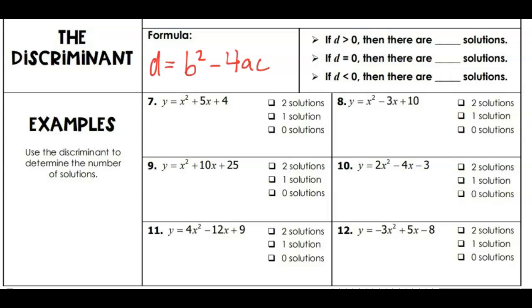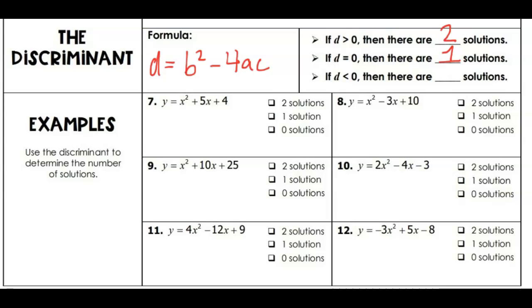If, when you calculate and use the formula, this number turns out to be positive, then you have two solutions. If it turns out to be exactly equal to 0 when you plug all these numbers in, then you get one solution. That means, again, that the vertex is on the x-axis.